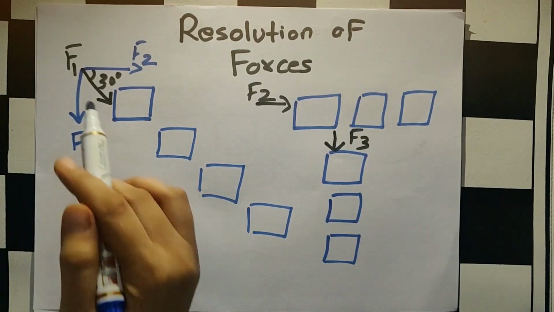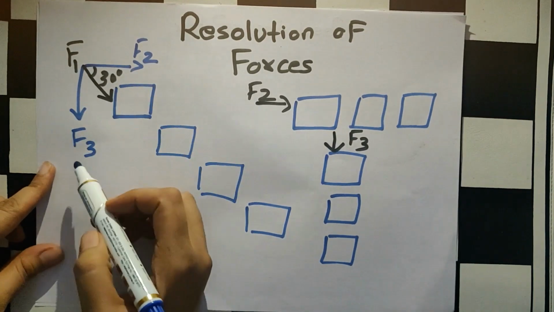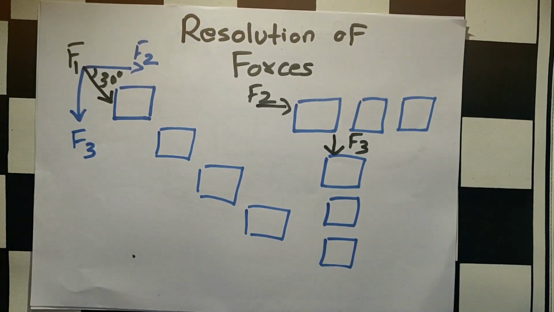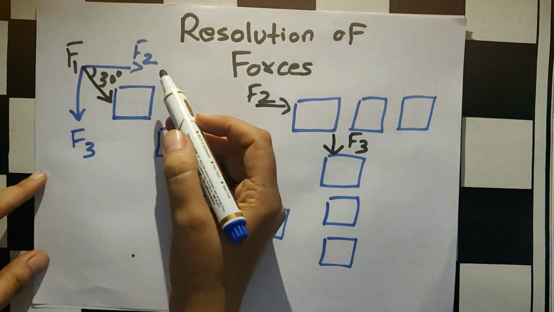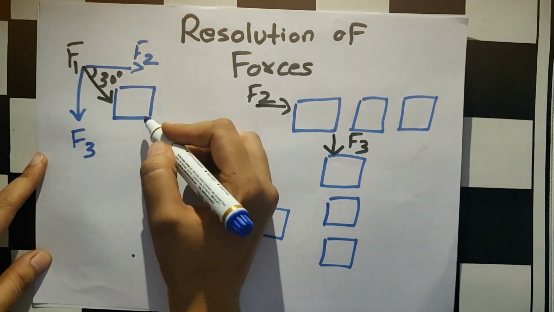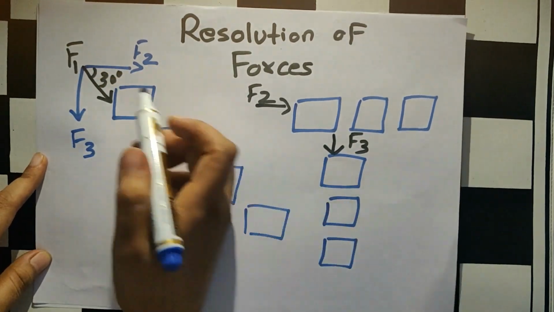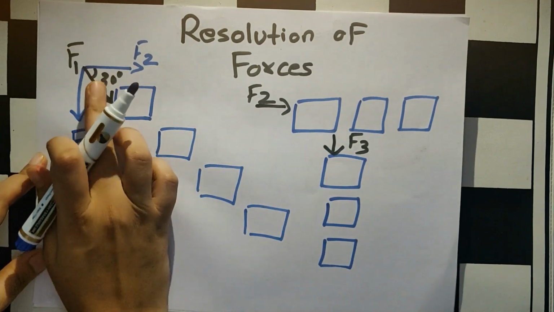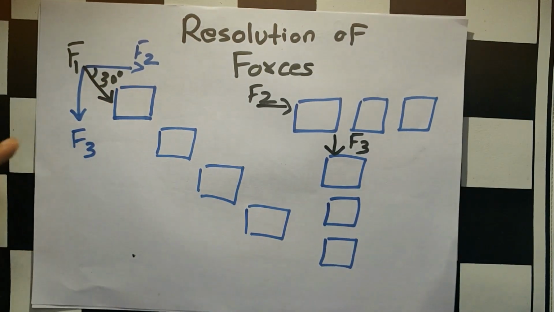So how much will be the magnitude of these forces F2 and F3? Let us study what the values of F2 and F3 will be such that their combination will give the same effect as F1, acting at 30 degrees, with the same angle and with the same effect.